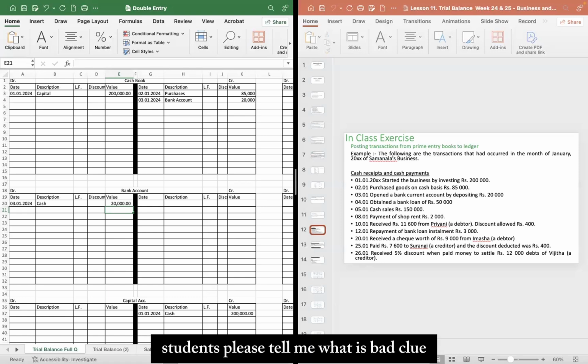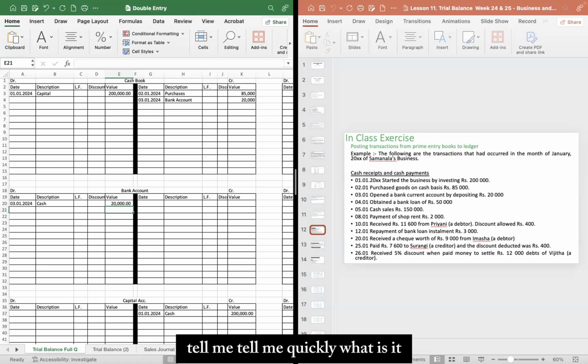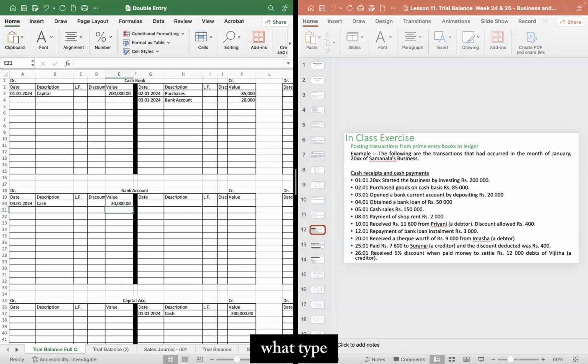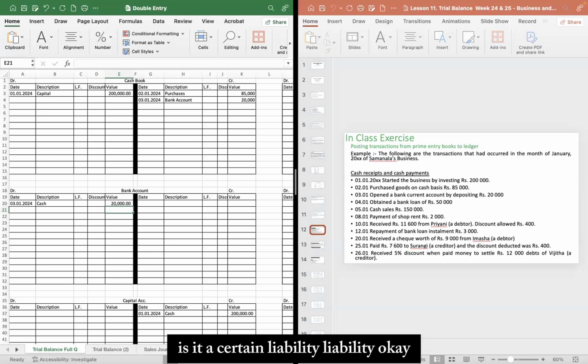Students, please tell me, what is the accounting element associated with it? Is it asset, liability? Liability, okay.